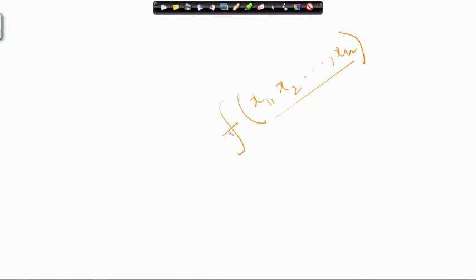That means the value of f is decided by the values of all these parameters x1, x2, ..., xn. We call this function the objective function.